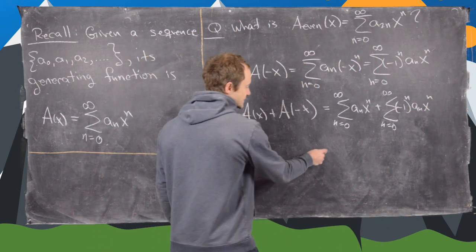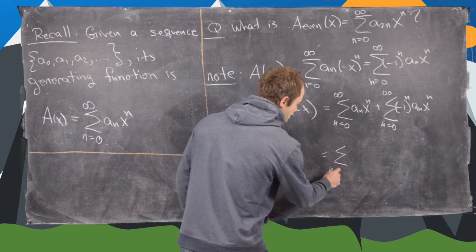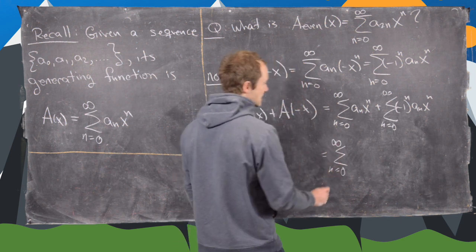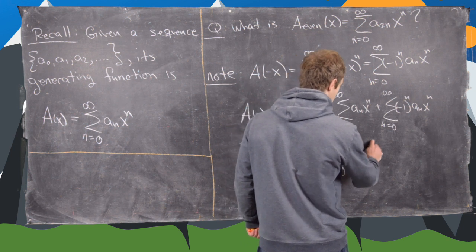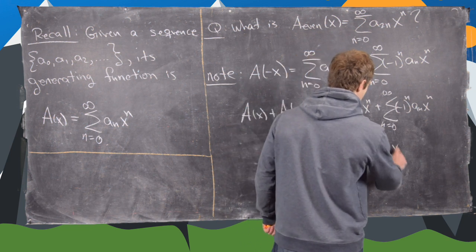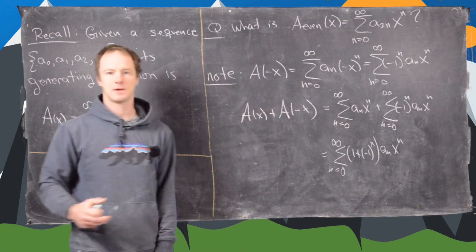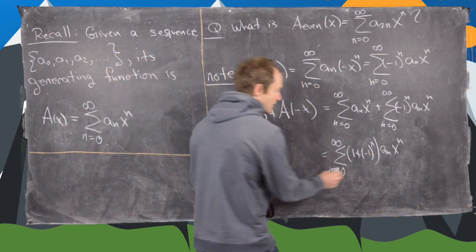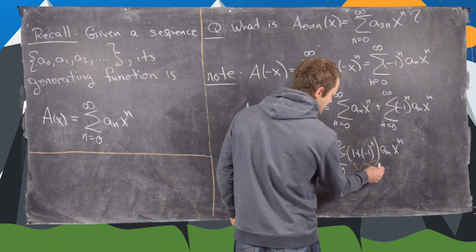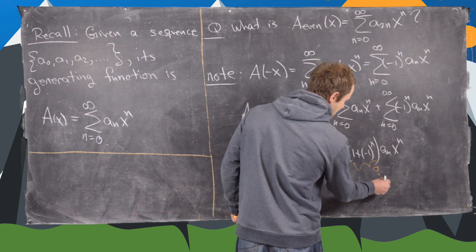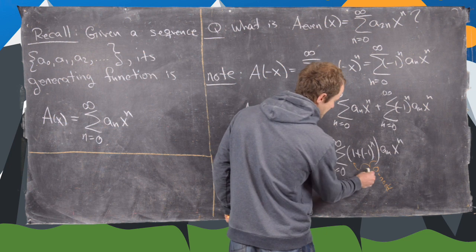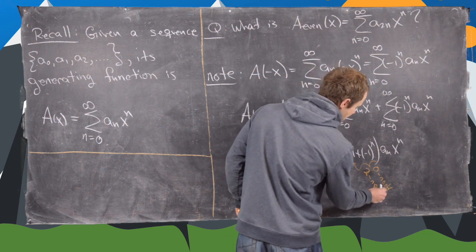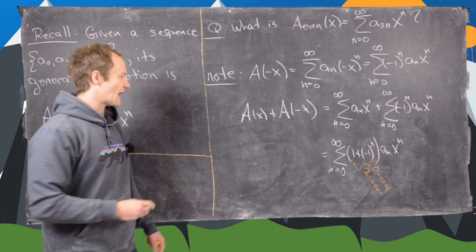Now mashing those sums together, we get the sum n equals 0 to infinity of (1 + (-1)^n) a_n x^n. But now it's easy to see that this is 0 if n is odd, and it's 2 if n is even. So let's see what that gives us.